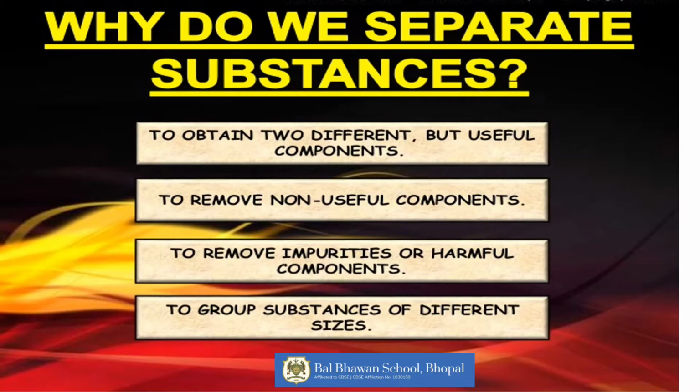That is, we do not want those components, so we remove them. Or sometimes the food which we are going to make may be mixed with some harmful components or impurities, and we don't want those impurities in the food. So we remove those impurities or harmful components. Or another reason is to group substances of different sizes.